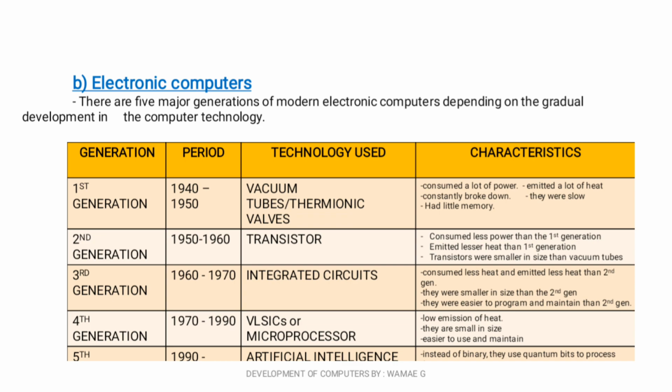Second generation started from 1950 to 1960s. The technology used was transistor. Characteristics of second generation: consumed less power than the first generation, emitted lesser heat than the first generation. Transistors were smaller in size than vacuum tubes.